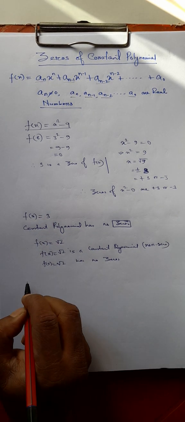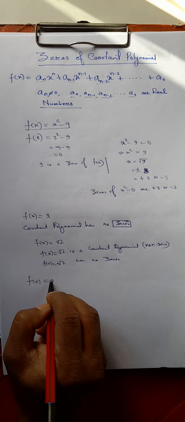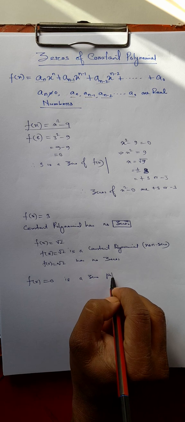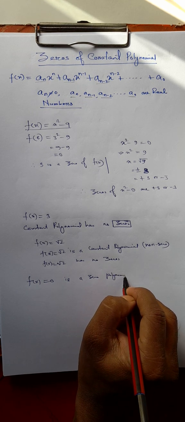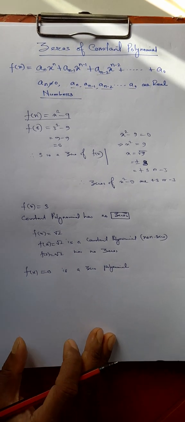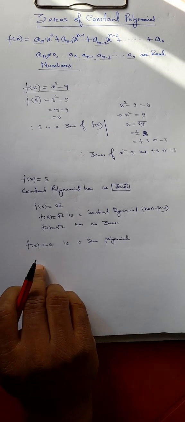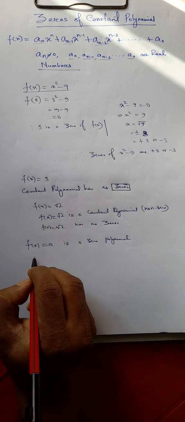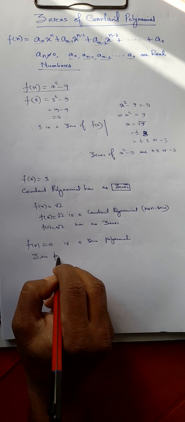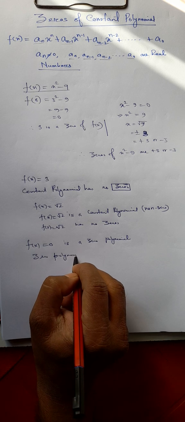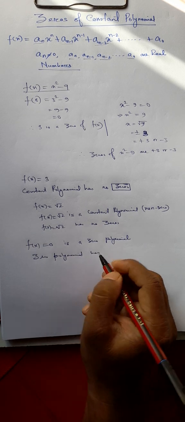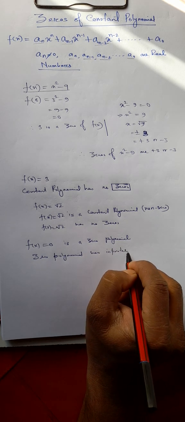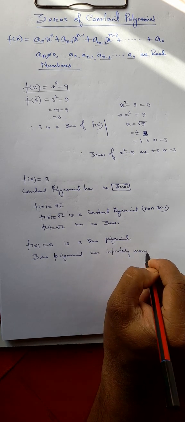Now think about the polynomial f(x) = 0. It's a zero polynomial. Irrespective of any value of x, this polynomial will always be 0. That means the zero polynomial has infinitely many zeros.